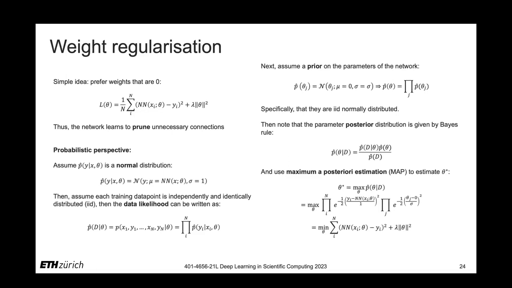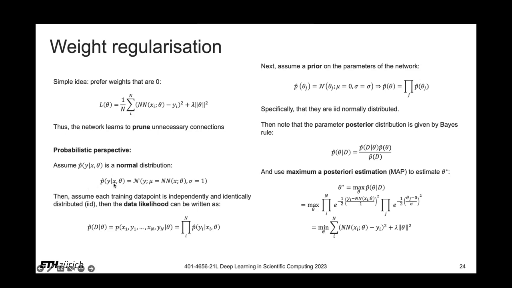Okay, so there is a probabilistic perspective that you can take to derive this loss function as well, which is interesting to do. I talked you through this when we were talking about the probabilistic interpretation of supervised learning in the last lecture. If you remember, when you're thinking about supervised learning in a probabilistic way, we want to model the probability of y given x and theta instead of just a function.